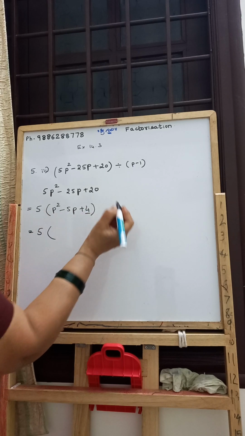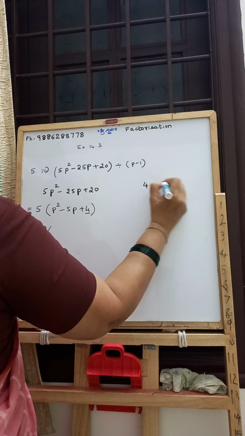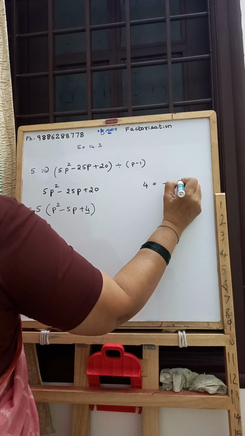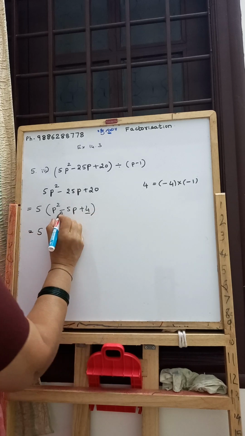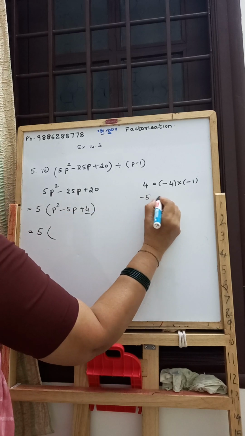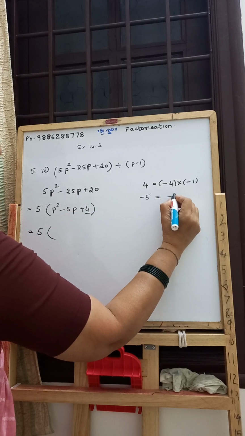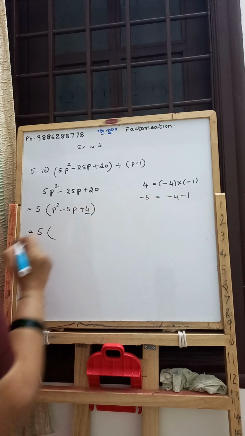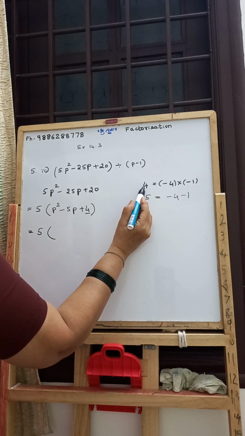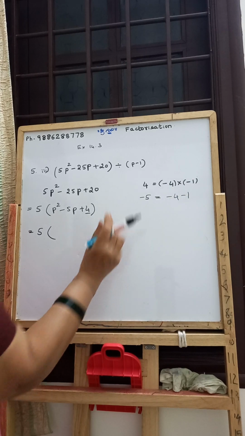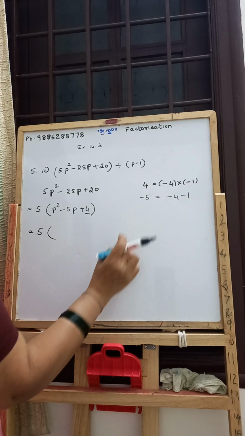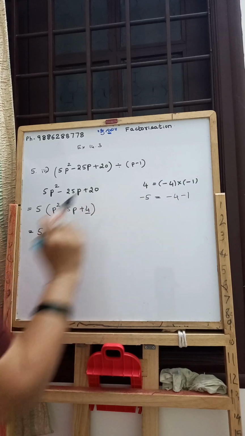Considering this 4 as the constant, we can write 4 as minus 4 into minus 1. Why? Because we want minus 5 as the sum of the factors. We should find the factors of this constant in such a way that their sum is minus 5.